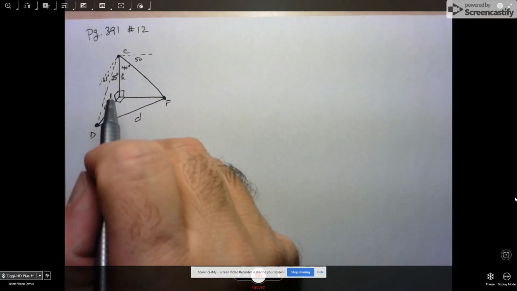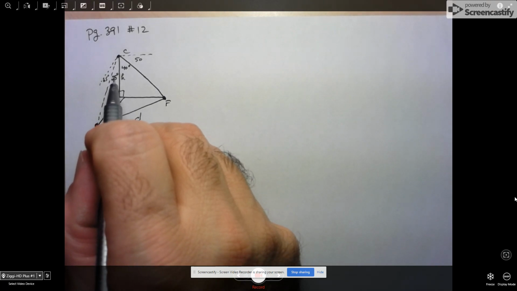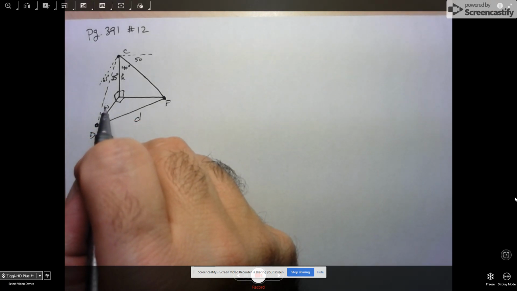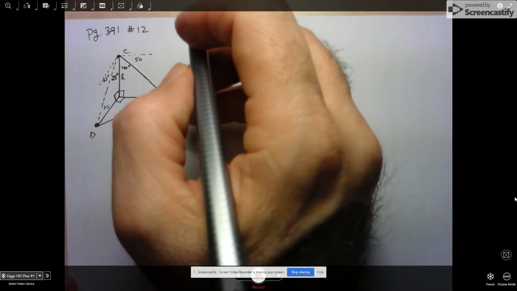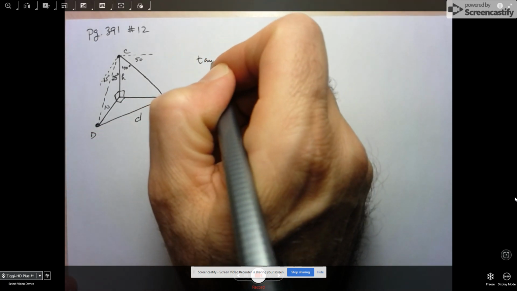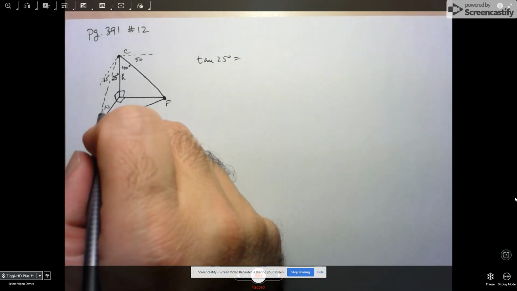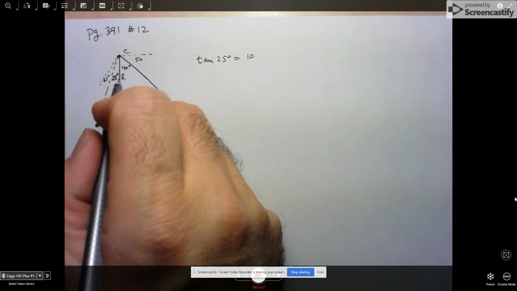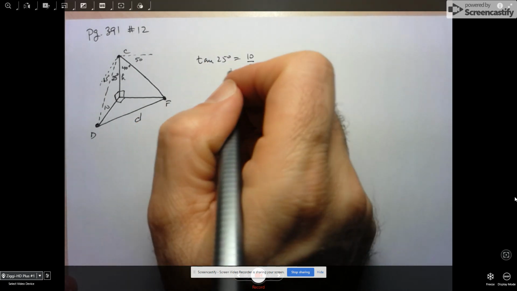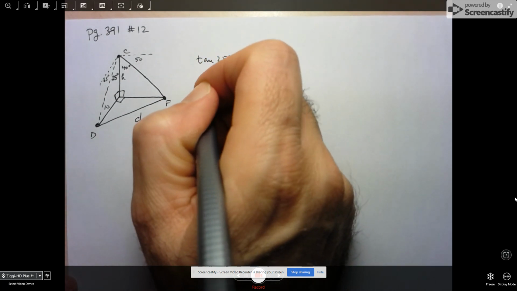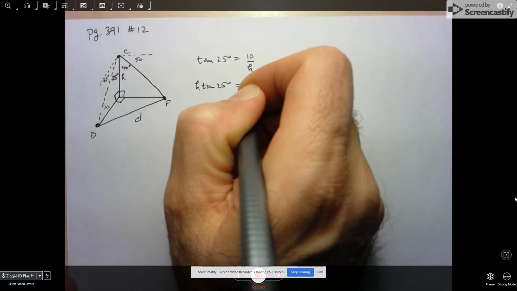So here's my angle, 25. I know the opposite side, which is 10, and I'm looking for its adjacent side, which is h. So I'm going to use tangent. I have tangent of 25 degrees is equal to opposite 10 divided by adjacent h. I can solve for this. Bring the h to the other side, so h tan 25 equals 10.